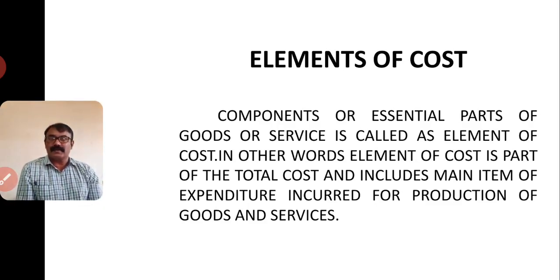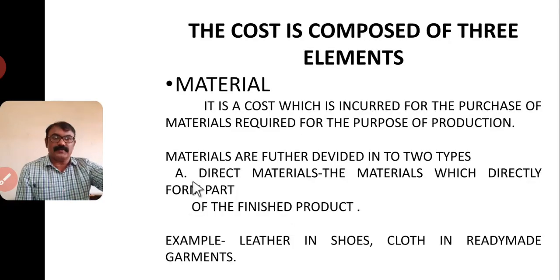It includes the main items of expenditure incurred for production of goods and services. The cost is composed of three elements: the first one is material, the second is labor, and the third is overhead.